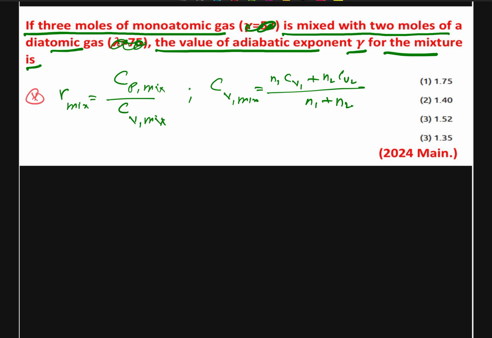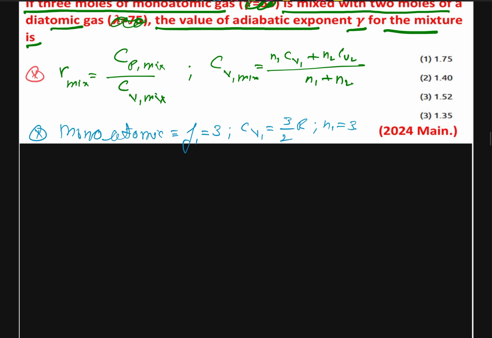So first is our monatomic, and for monatomic we know, let us call this as F1, degree of freedom is 3, therefore we get the C of V1 will be equal to 3 by 2 times R, and number of moles, that is of N1, is given to us as 3, and second gas is our diatomic, so we can say our F2 will be equal to 5, its C of V2 will be equal to 5 by 2 times R, and number of moles is given as 2.